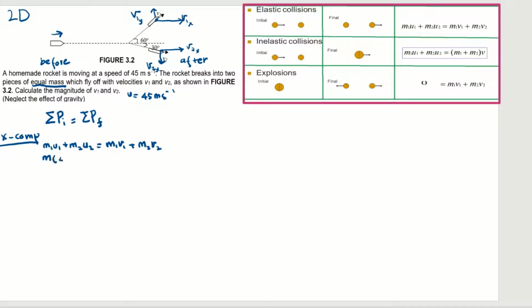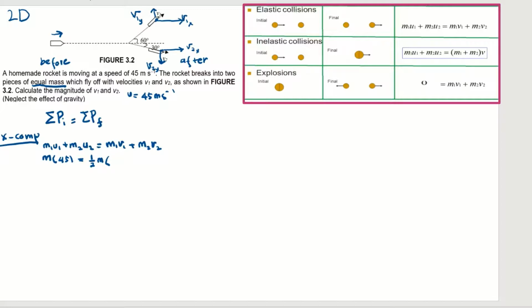So u is 45, then the rocket splits with equal mass. Before the split you have mass m, then after the rocket splits you have half m each.